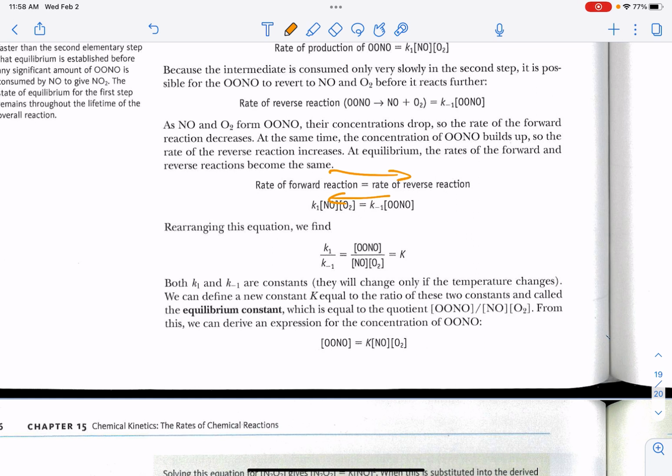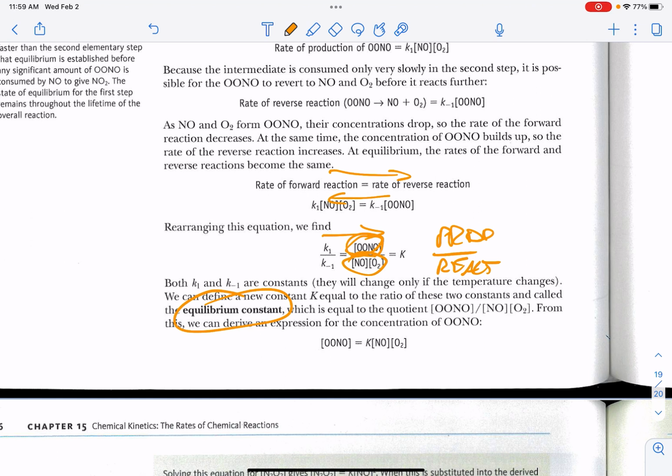When we write what we call an equilibrium constant, we put the products of equilibrium and the reactants of equilibrium in the equation at the same time. We always put the products in the numerator and the reactants in the denominator for a reaction that's at equilibrium.